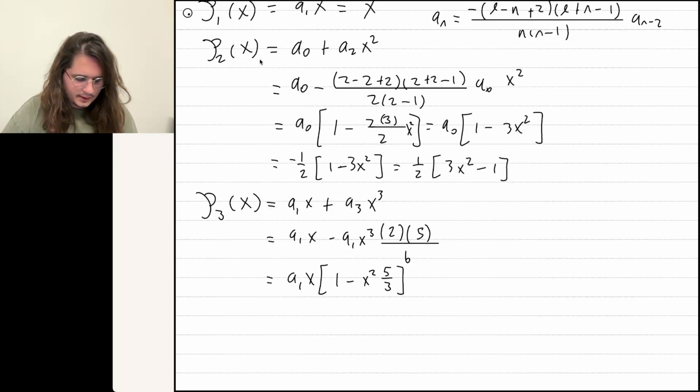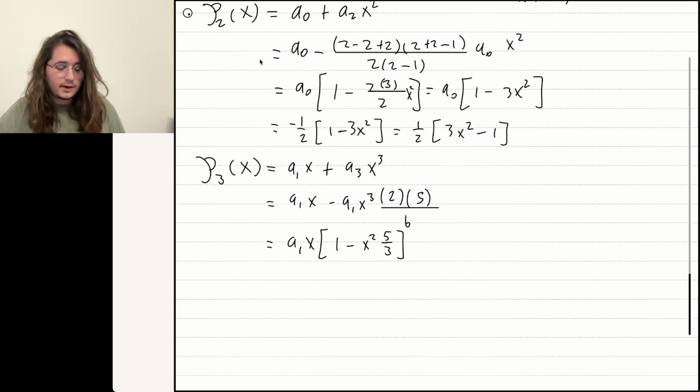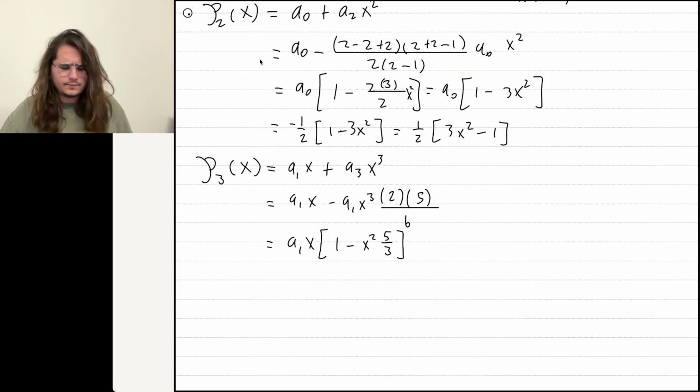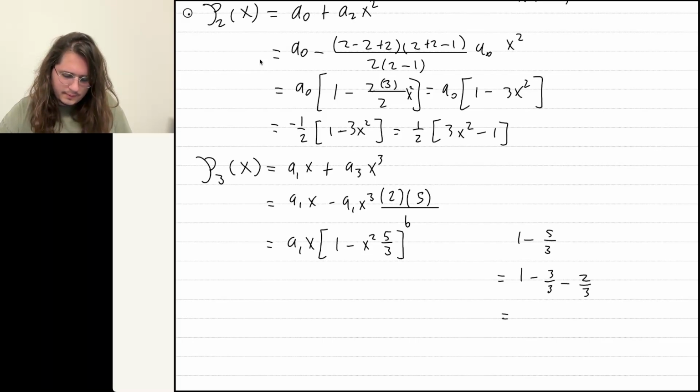Okay, and then we want this normalized to be 1 at x equals 1. So if we set x equal to 1, we're going to have a1 times 1 minus 5/3, which equals 1 minus 3/3 minus 2/3, so it's minus 2/3.